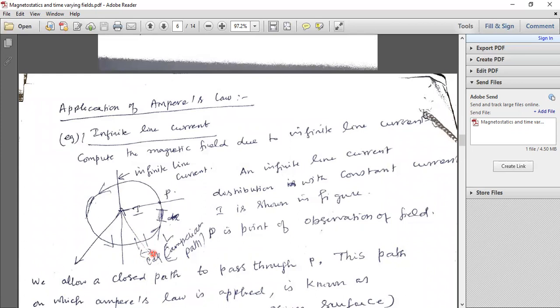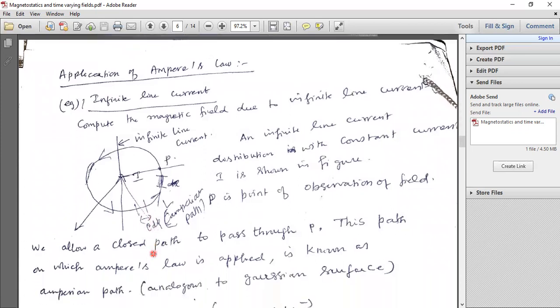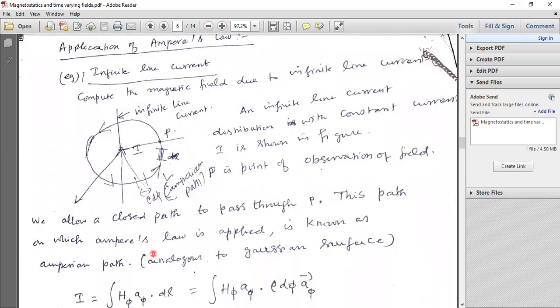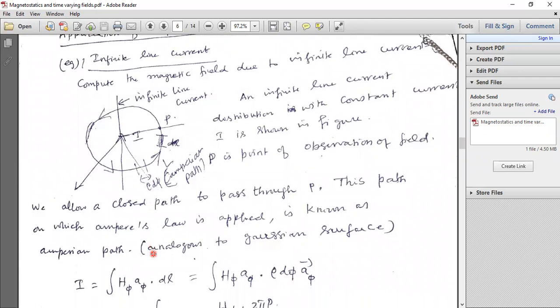When we apply Ampere's law, the integral of H dot dl, this dl is nothing but rho d phi a phi, and H is h phi a phi, so we have h phi a phi dot rho d phi a phi.